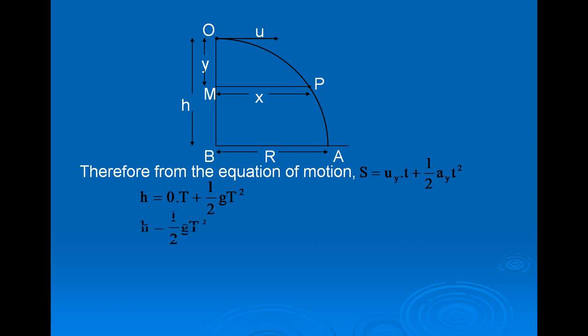So we get h is equal to half gT square, or T square is equal to 2h upon g, or the time of flight capital T is equal to square root of 2h upon g. Call this equation number 4.